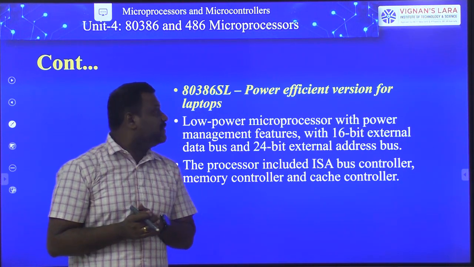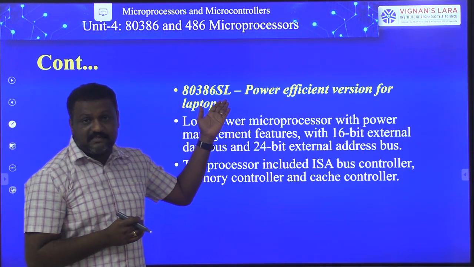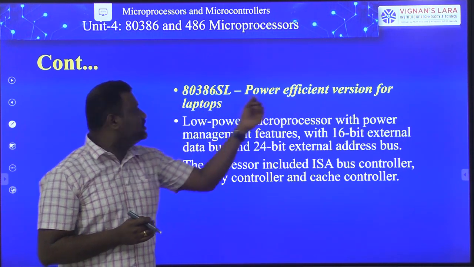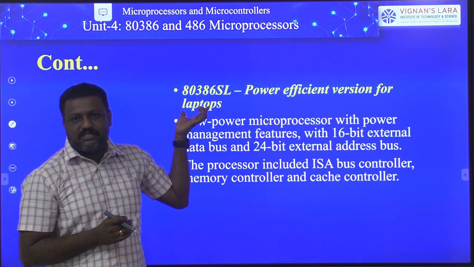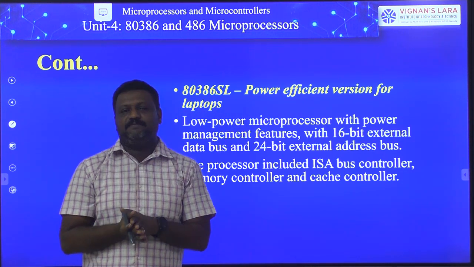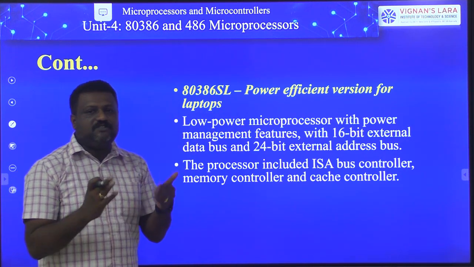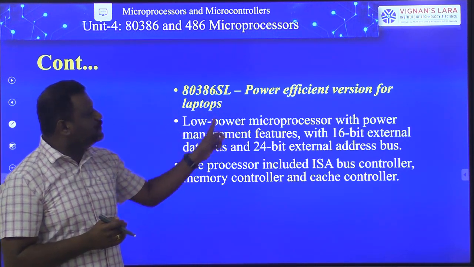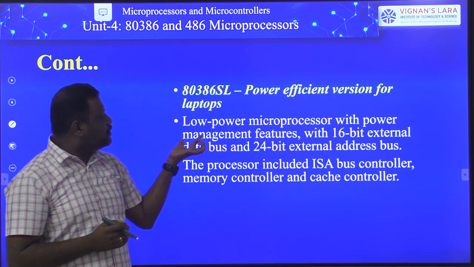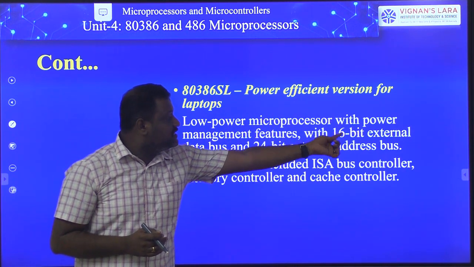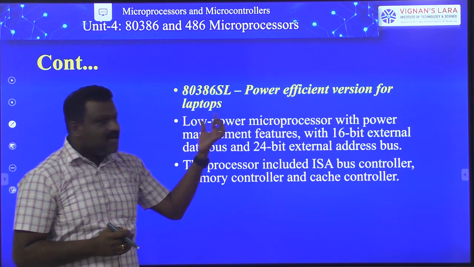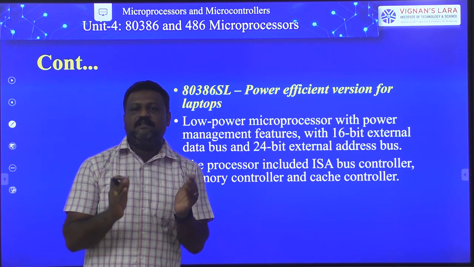Coming to the last version, that is 386SL. It is a power efficient version especially for laptops. It consumes less power. It is a low power microprocessor with power management features, with a 16-bit external data bus and 24-bit external address bus.